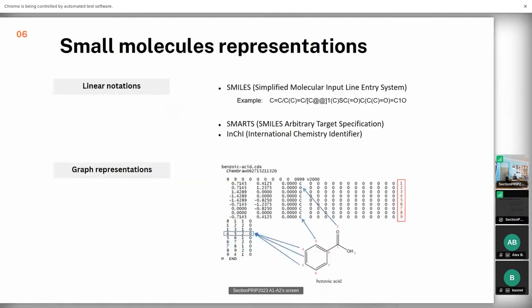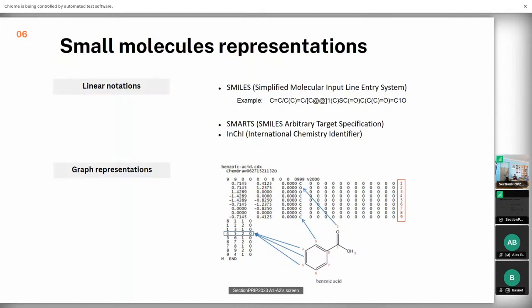Let's go to the neural networks part. We know that small molecules are represented in a computer with two techniques: linear notations and graph representations.